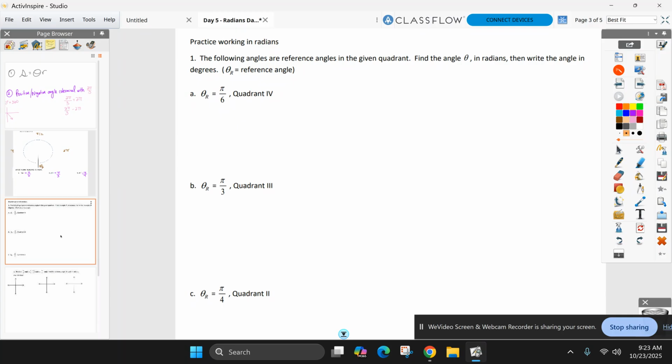Also, here's a little way I always remember. What's pi in degrees? 180. So anytime you see a pi, you can think 180. 180 divided by 6. That's 30 degrees. All right, draw yourself the XY axes. Let's see this visually.